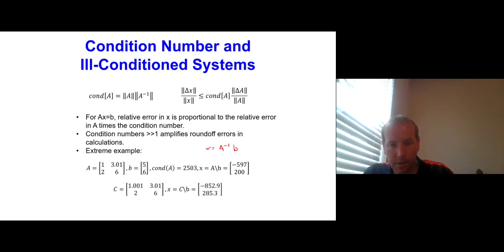However, if you change the A matrix just a little bit, call it this new C matrix, by just a 1,000th, we see that the result is quite a lot different than what we had before. That's a result of the condition number amplifying changes in these calculations.